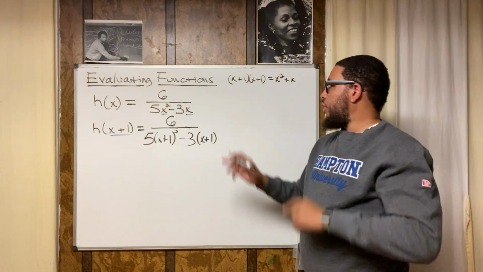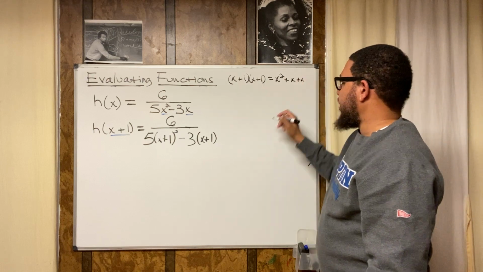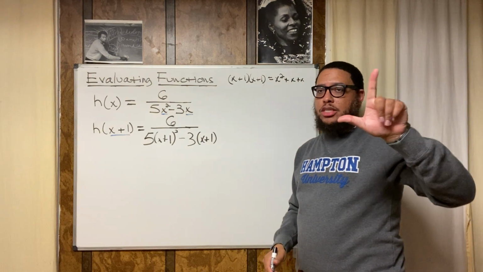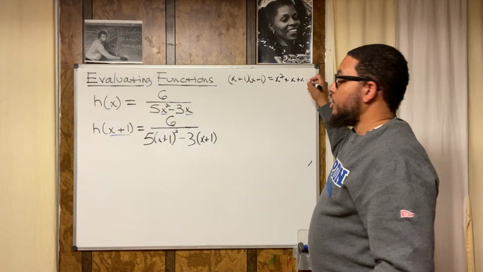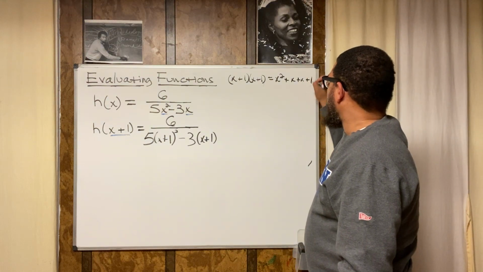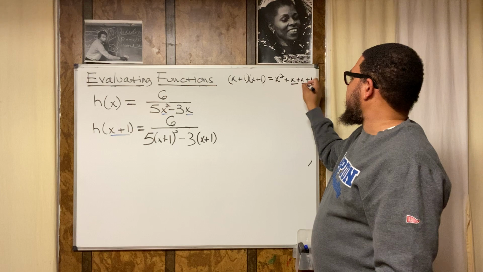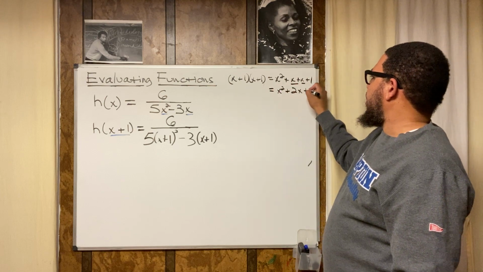The I stands for the inner terms, the 1 and the x. That's 1 times x, so that's another plus x. The L stands for the last terms, the 1 and the 1. 1 times 1 is 1. It's not 2. Don't make that careless mistake and write 2. It's just plus 1. Then you combine like terms, the x and the x, so you're left with x squared plus 2x plus 1.